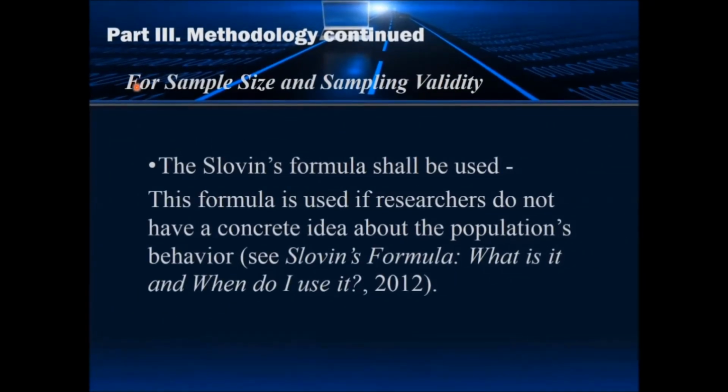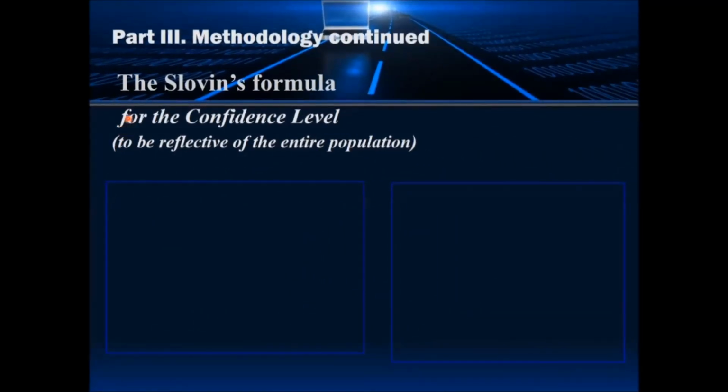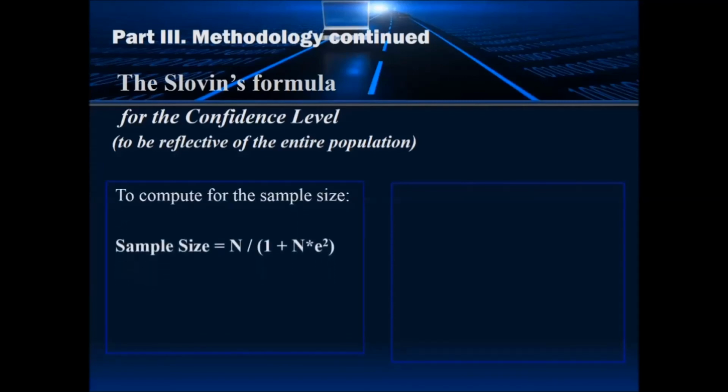For sample size and sampling validity, the Slovin's formula will be used. This formula is used if researchers do not have a concrete idea about the population's behavior. See Slovin's formula, what is it and when do I use it? 2012. The following formulas for the confidence level will be used. To compute for the sample size equals n over 1 plus n times e squared, where n is the population size and e is the margin of error.